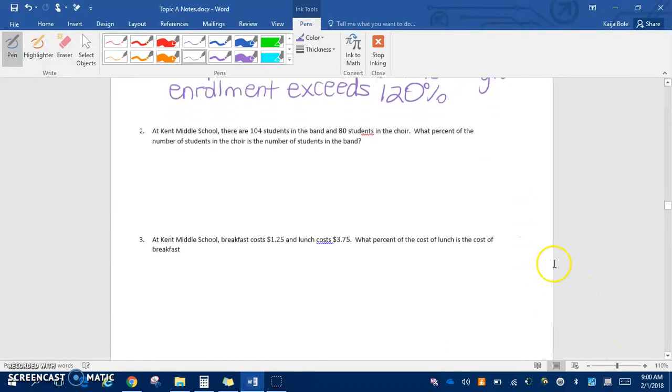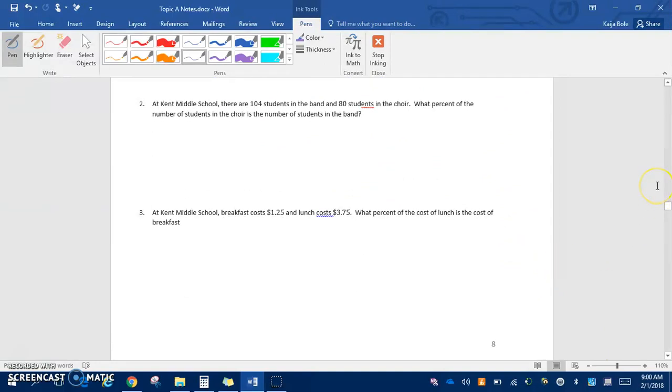We've got 2 more here. Number 2 says at Kent Middle School there are 104 students in the band and 80 students in the choir. What percent of the number of students in the choir is the number of students in the band? Okay, so the choir is our whole, and the band is our part now. You have to be careful because you can word these sentences in reverse order as well.